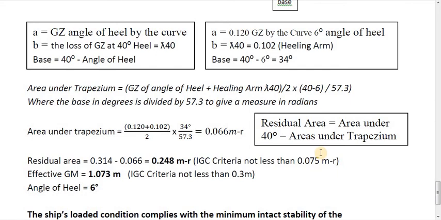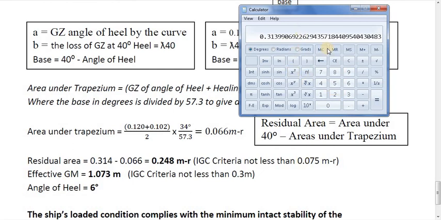To get the residual area, we need the area under 40 degrees minus the area under the trapezium. We already have the area under 40 degrees, calculated earlier, 0.314 meter radian, and we now need the area under the trapezium.